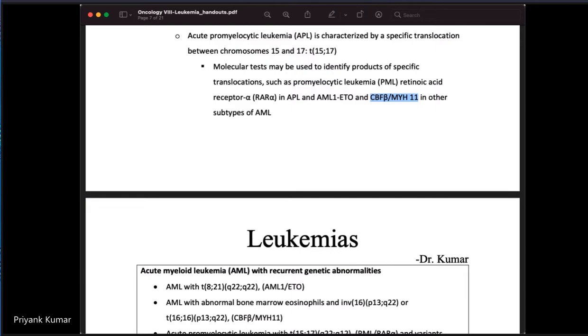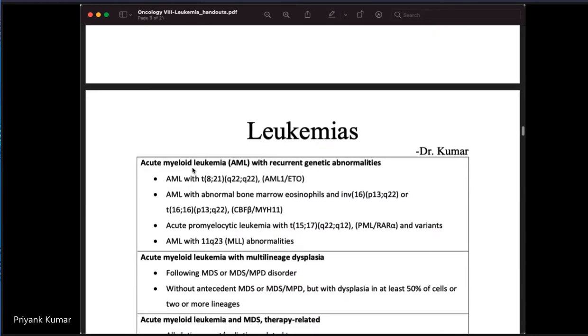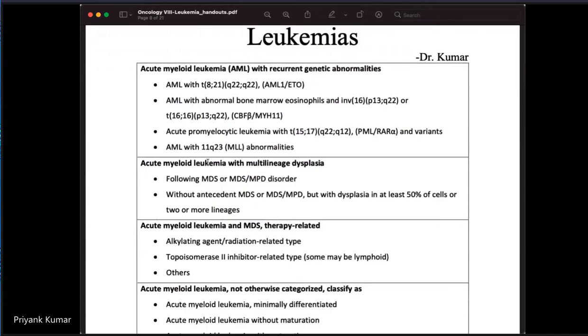Now, if we go to the WHO classification of leukemias, AML with recurrent genetic abnormalities means AML1-ETO. Then AML with abnormal bone marrow eosinophils and inversion of 16 at P13 Q22. These are all the translocations that we should remember.